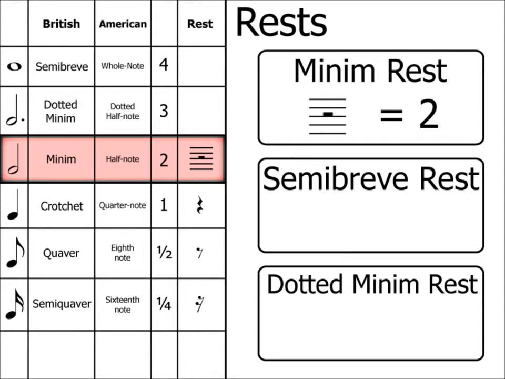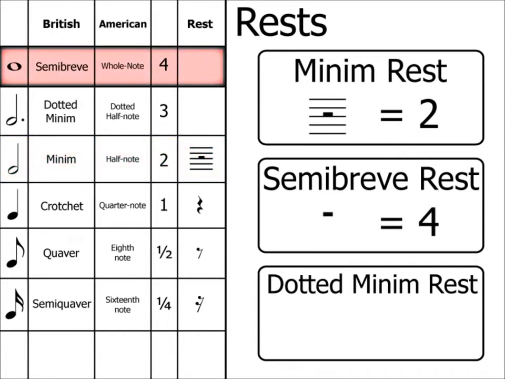The reason these 2 things are important becomes clear if we now look at the semibreve rest. We use the same little black rectangle, but notice how this time it hangs from the line rather than sits like the minim rest. And secondly, it hangs from the line above where the minim rest sits.